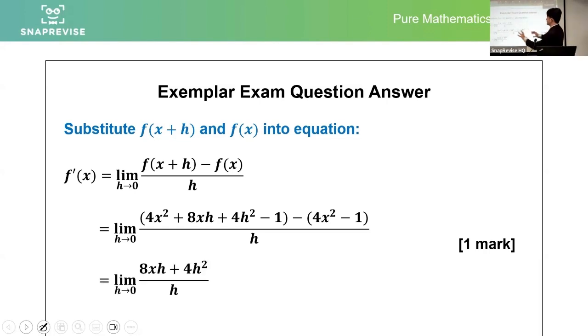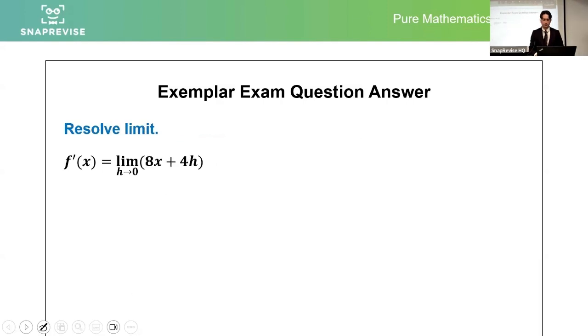A few of those terms will straight away cancel: minus 1 minus minus 1 will go, and 4x squared minus 4x squared will go. We're left with 8xh plus 4h squared over h. Cancel the h's where possible, and it's the same as the limit of 8x plus 4h. As h tends to 0, the 4h will disappear, and of course we get 8x.